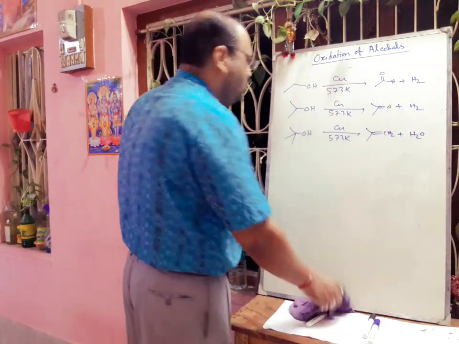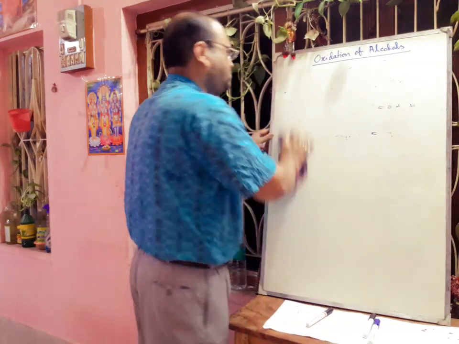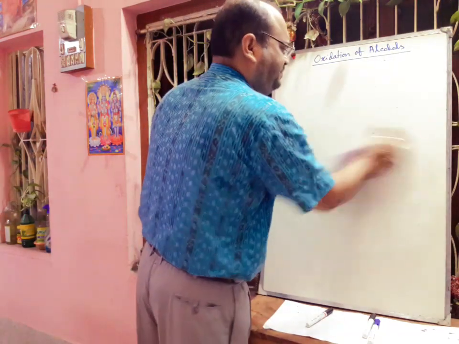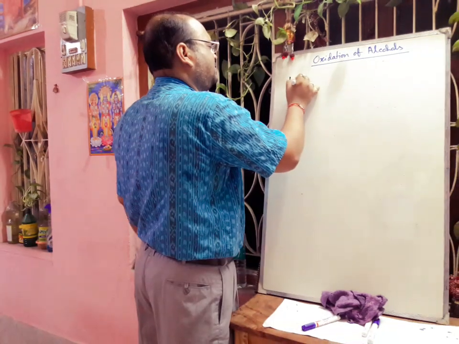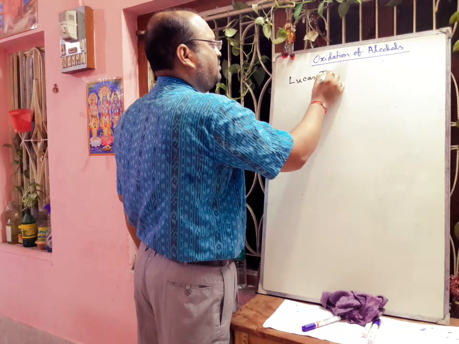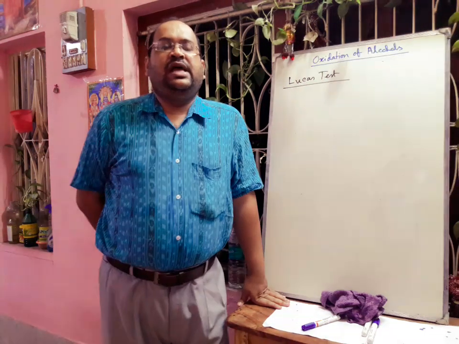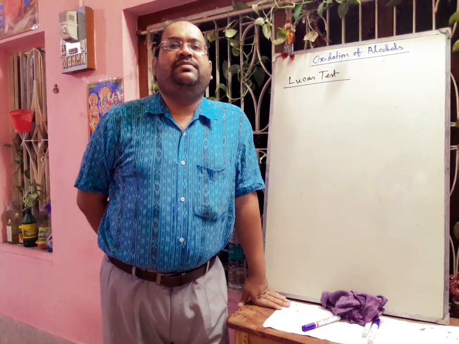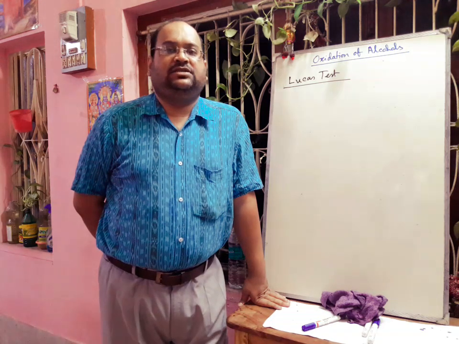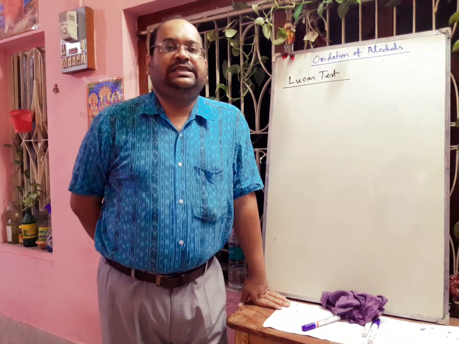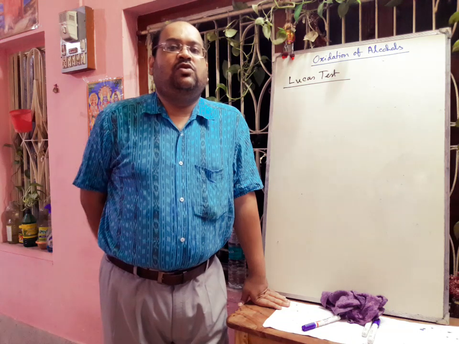Next we will discuss the Lucas test. That is very important for your board exam also. Alcohols of different classes can be differentiated on the basis of their reaction rates with a concentrated HCl and zinc chloride mixture, 1:1, and this reagent is called Lucas reagent.